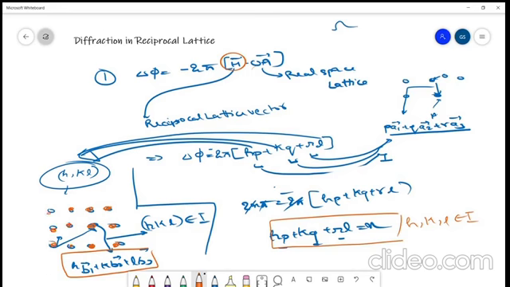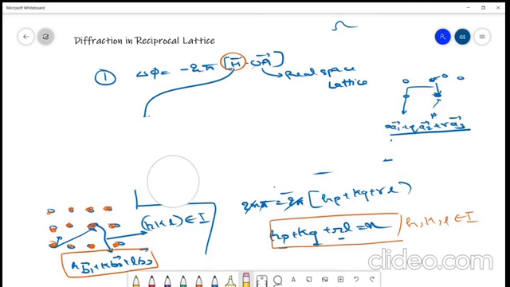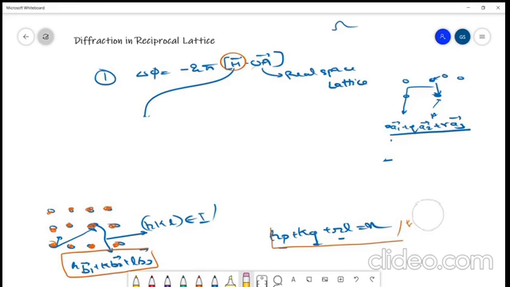So I'll just rub everything again. I'll just keep it here. I'll just rub these things. So what was our conclusion here? I'll write the conclusion.